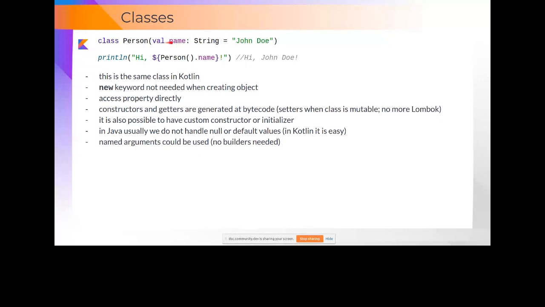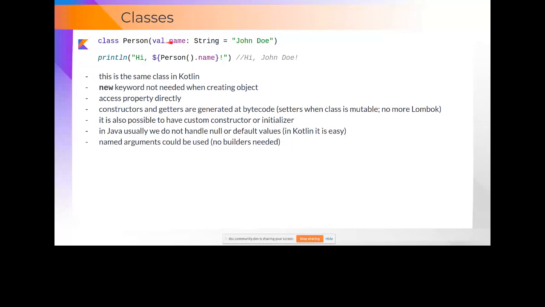and because you can also use default values and named arguments here, basically, you can create objects without using any builders. So if you work with bigger classes with a lot of properties, probably you would use a builder because it makes it much easier to build up a class.